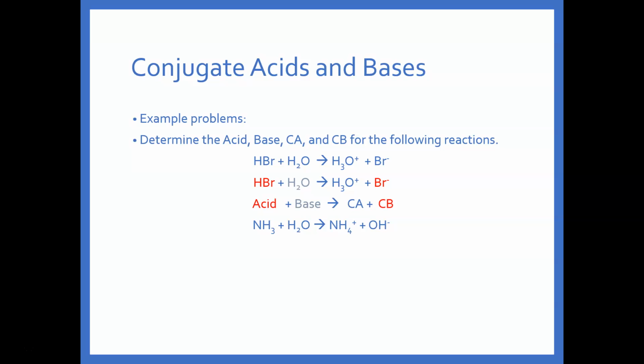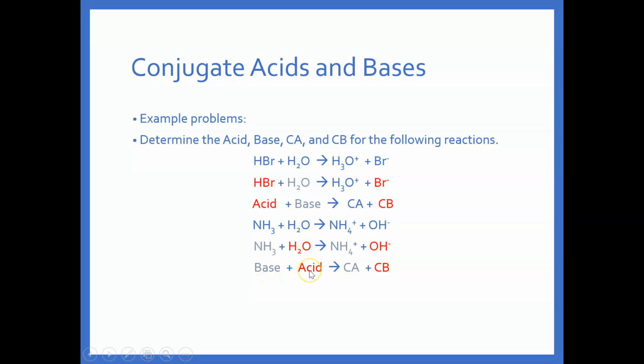Now this one was a little trickier. You had NH3 plus H2O. So you really had to use what gained protons and what lost protons. When we took a look, we noticed that we have NH3 and we have NH4 plus. So NH3 gains a hydrogen. Since it gained a hydrogen instead of losing a hydrogen like happened up above, we know that means it's going to be a base.